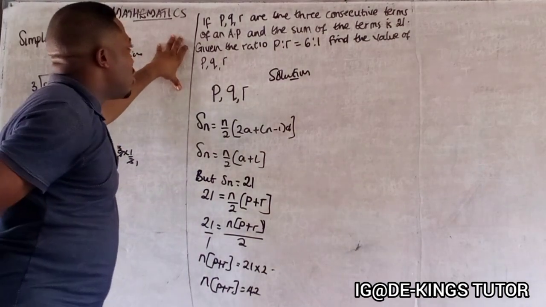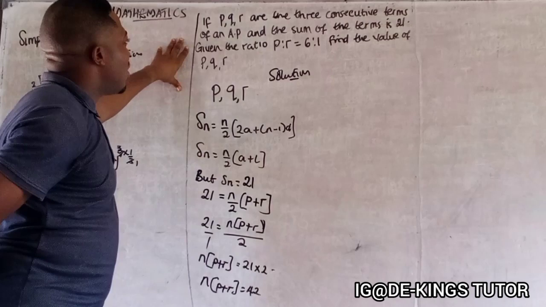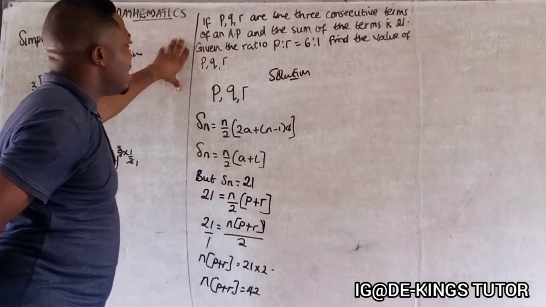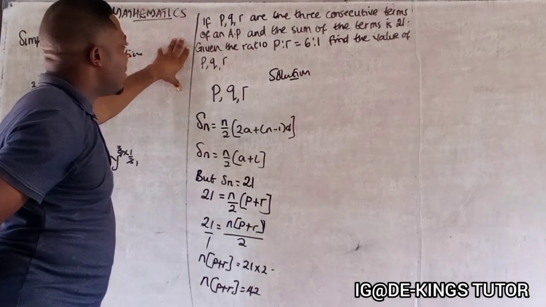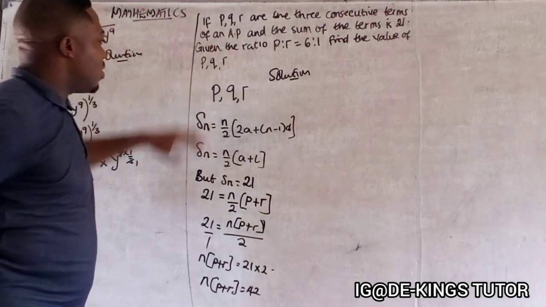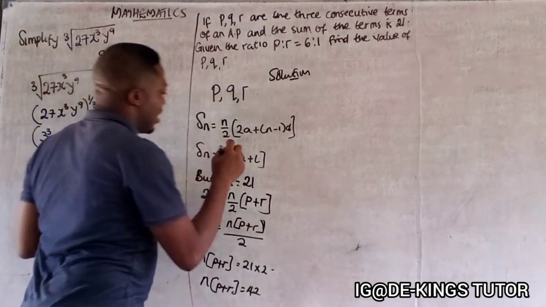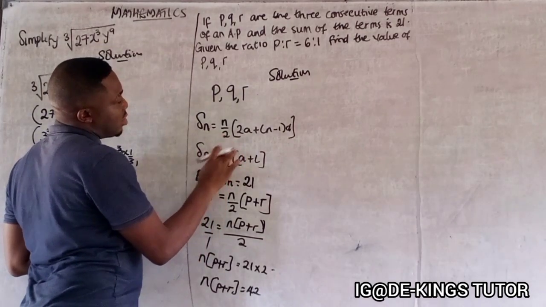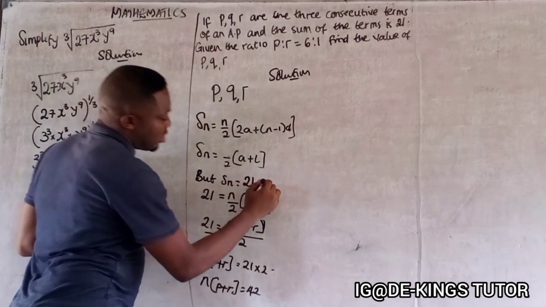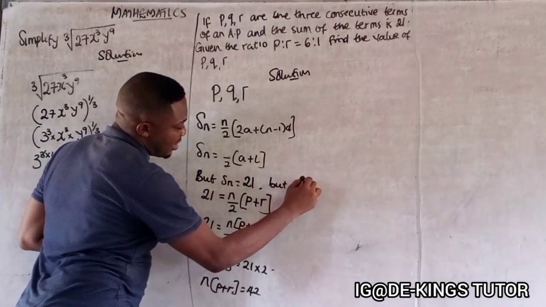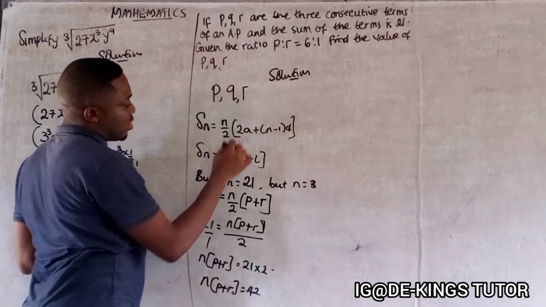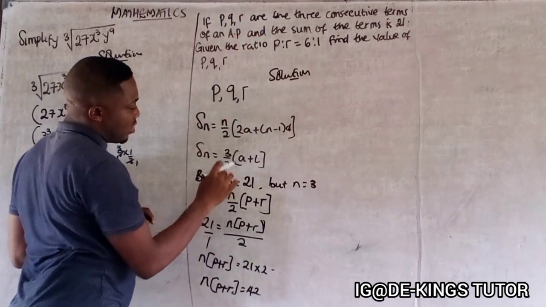Then if P, Q, R are three consecutive terms of an AP and the sum of the terms is 21, and given the ratio P is to R, sorry, our n here is supposed to be 3. We said n equals 3. 1, 2, 3. And it's 3.